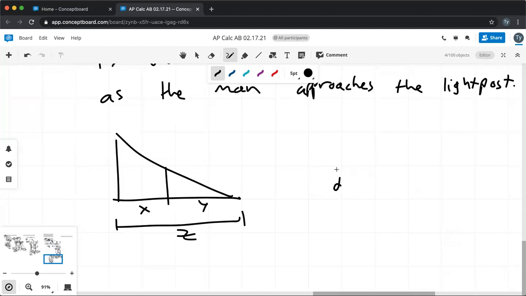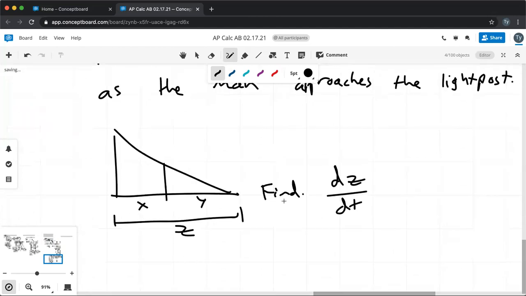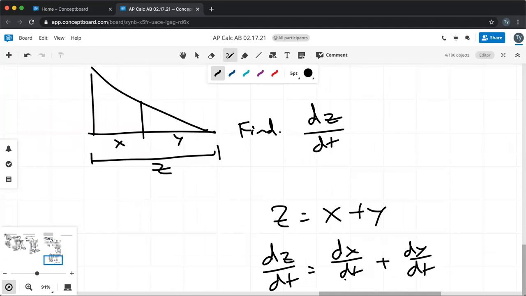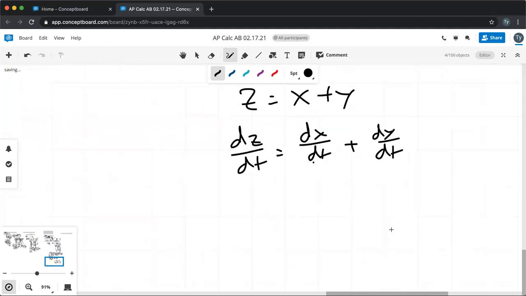So we now want to find dz/dt. We know z is equal to x plus y. If we differentiate both sides with respect to t, we get dz/dt equals dx/dt plus dy/dt. We already found those from our previous problem.